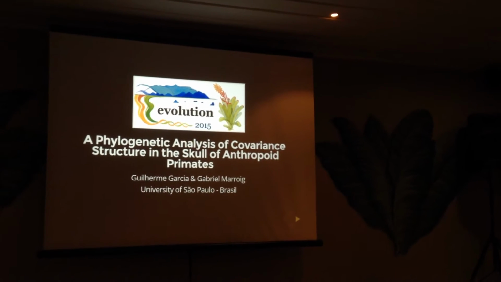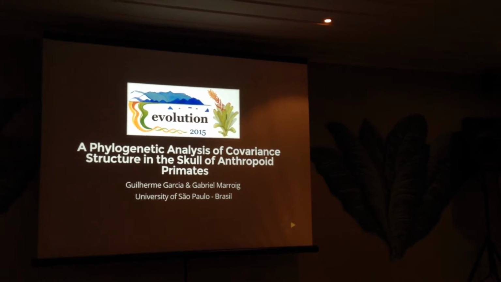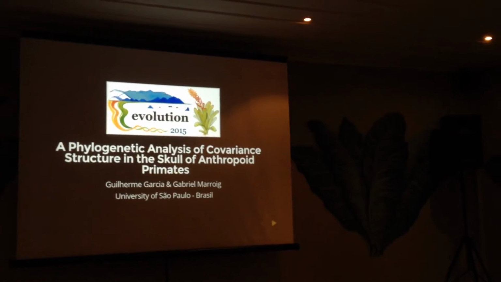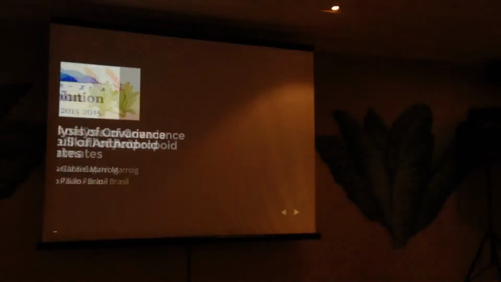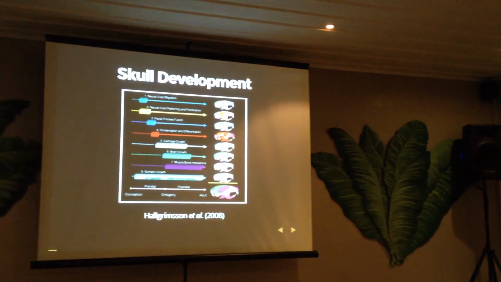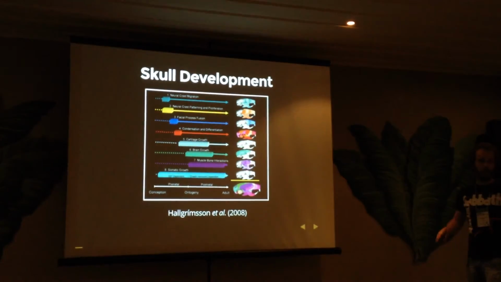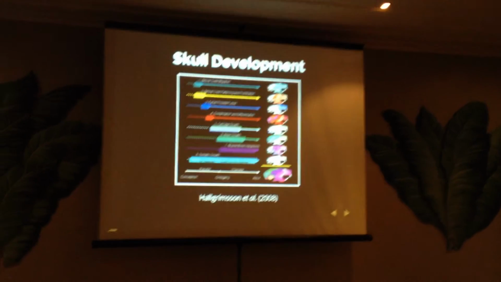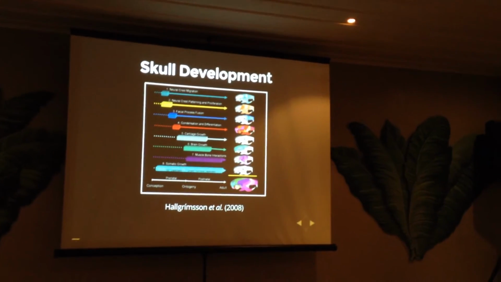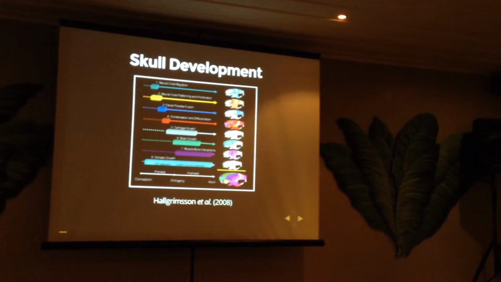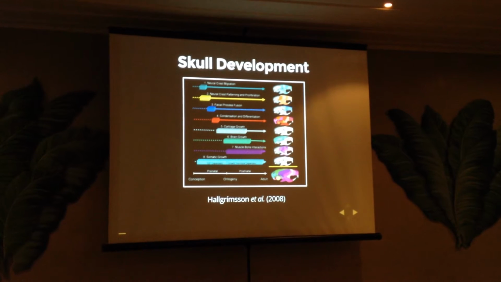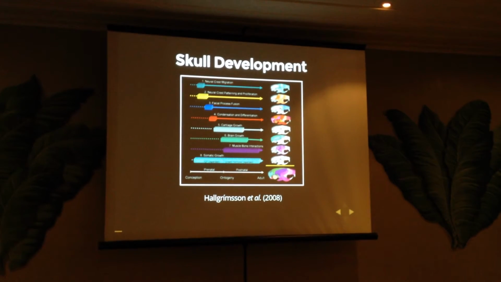Okay. So I'm going to present to you a phylogenetic analysis of the covariance structure in the skull of anthropoid primates. Morphological systems have a tendency to covary due to genetic control and developmental interactions. In the mammalian skull, for instance, development is a series of overlapping developmental processes producing adult phenotypes.